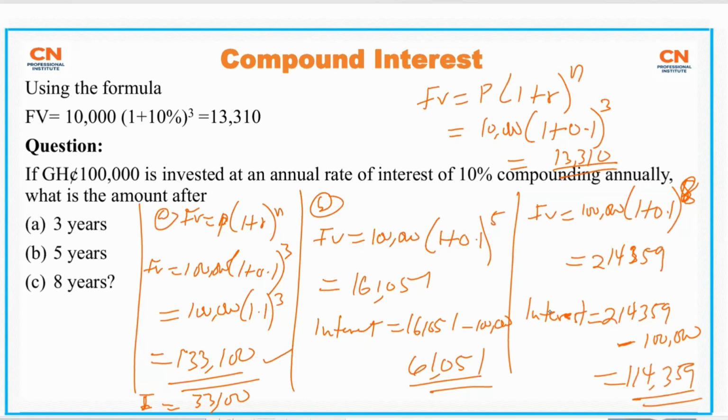So this is the interest for the period. So that's it with compound interest and how to use the compound interest formula. Now let's continue.